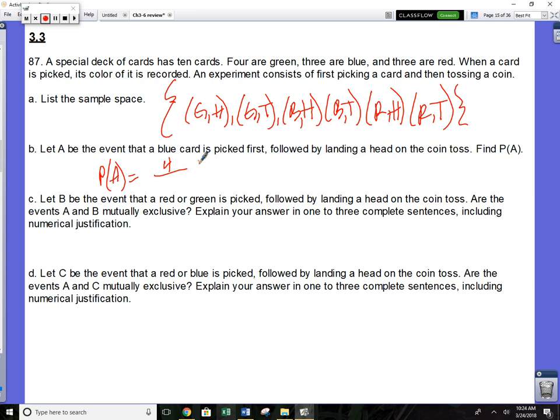Oh no, there are only 3 blue. 3 blue out of 10, and a head toss, you're going to times that by 1/2. So you got 3 chances out of 20. Let B be the event that a red or a green is picked. So out of the 10, 4 are green, 3 are red. That is 7 out of 10. And then it's a heads, so that's 1 out of 2. So that is 7 out of 20.